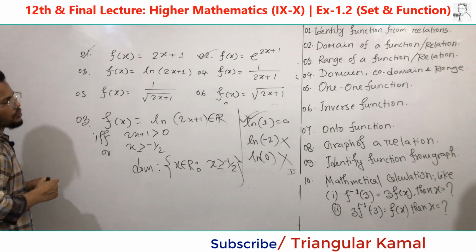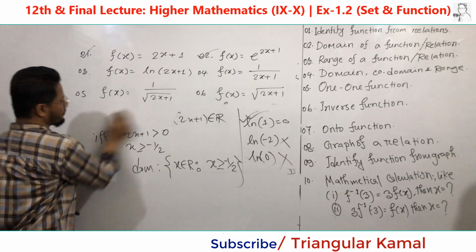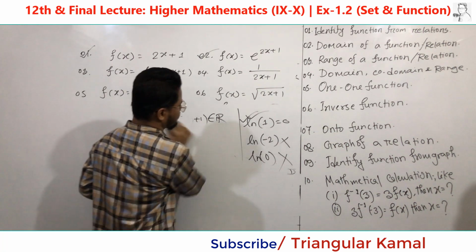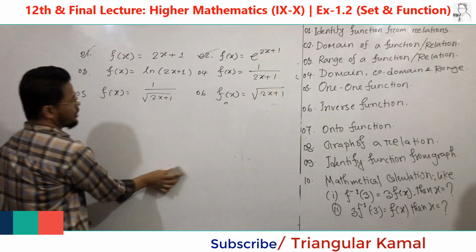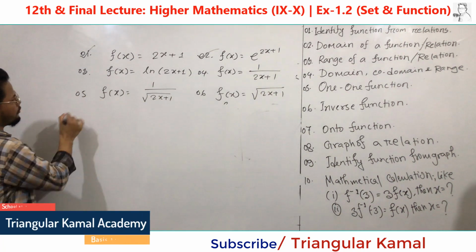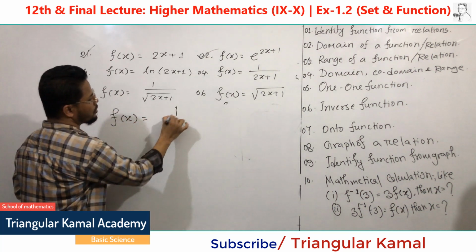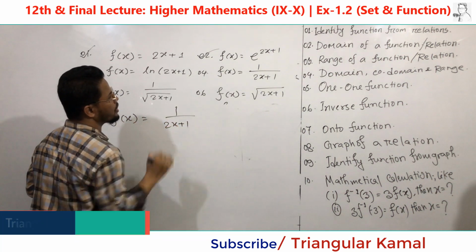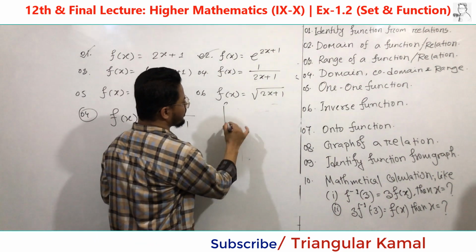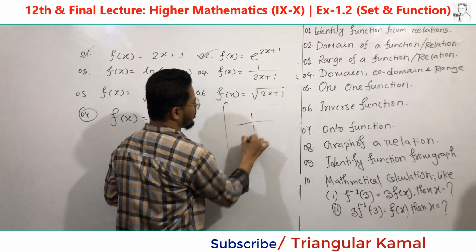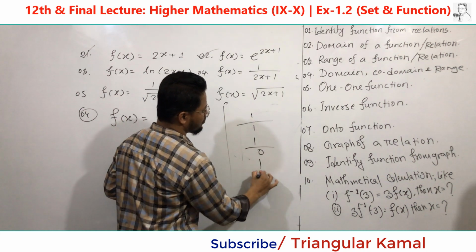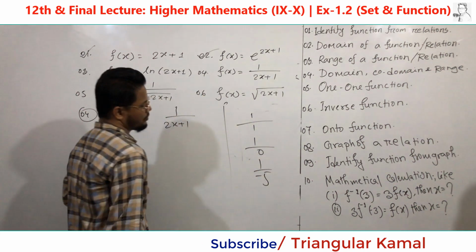Now give attention to question number 4. First write question number 4 here, f of x equals 1 by twice x plus 1. Just a few examples: 1 by 1, 1 by 0, 1 by minus 5.